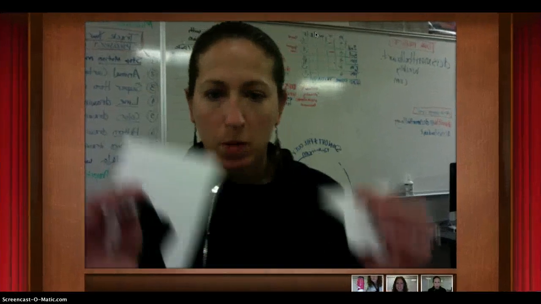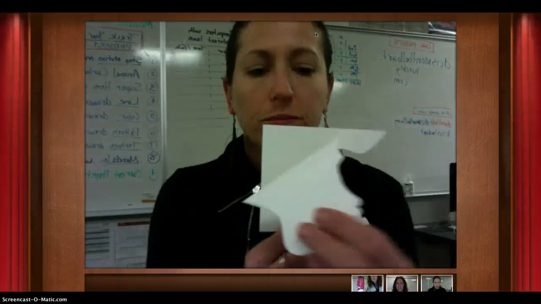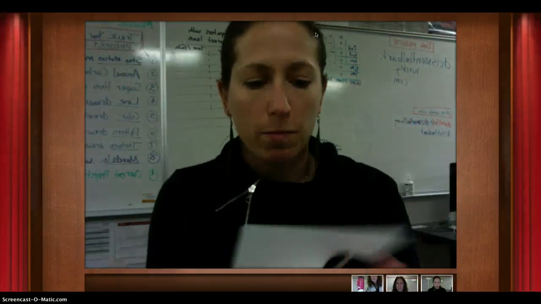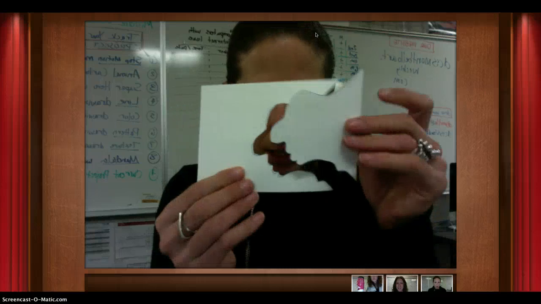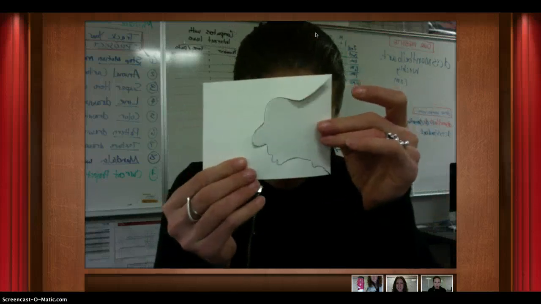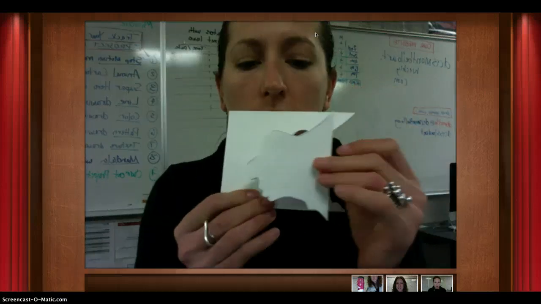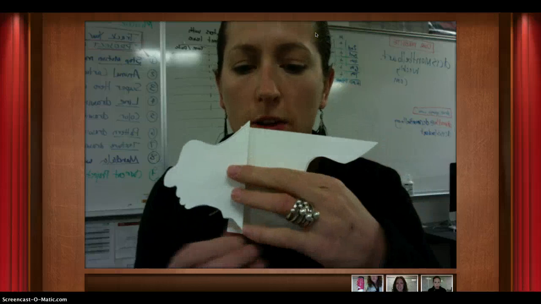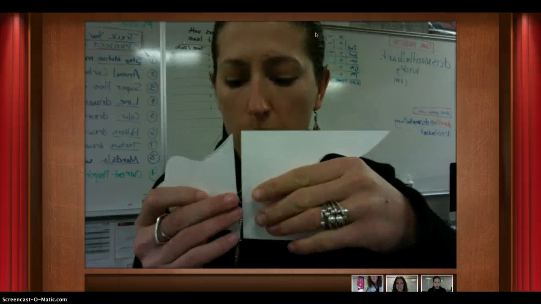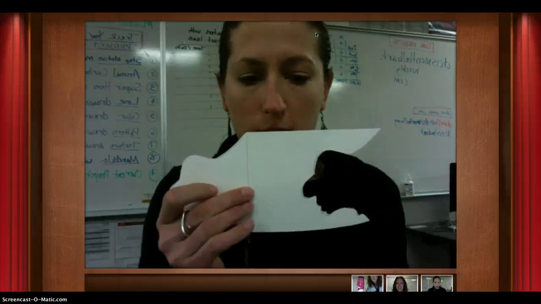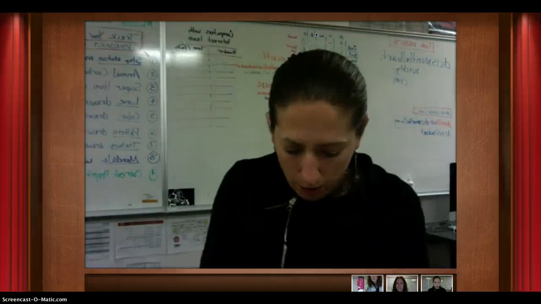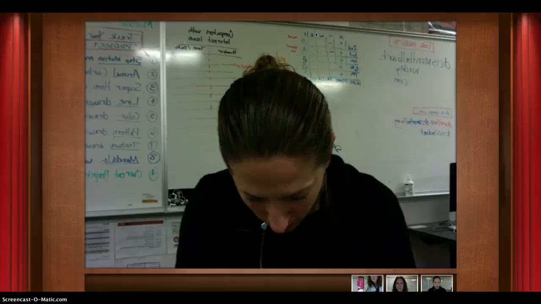Okay, so we have a shape. I've cut it out. And in order for it to be a tessellation, we have to take this piece and just slide it over to the other side. All right? And then we are going to tape this piece here. So I'm going to go ahead and just quickly tape it.